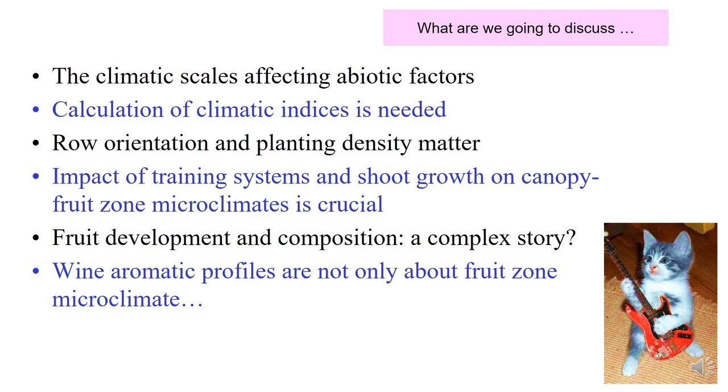We are going to speak about row orientation and obviously bunch fruit zone microclimate, the impact of training systems and shoot growth on canopy microclimates. We are going to speak about fruit development and composition, which is quite a complex topic. And then we will finish with a discussion around wine aromatic profiles.